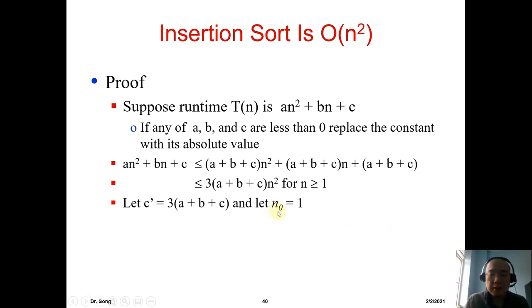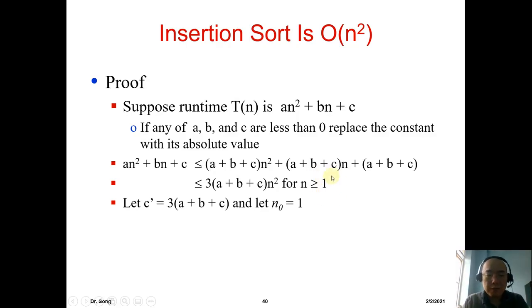And for the constant n0, we can use n0 equals 1. So what do we have? This part, 3a plus b plus c, is the constant c, and that 1 is n0.